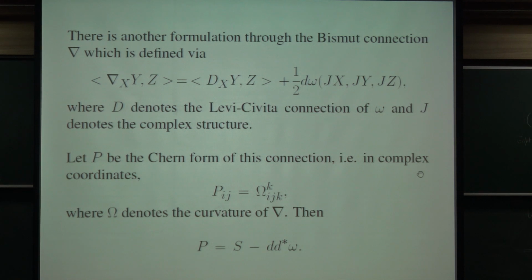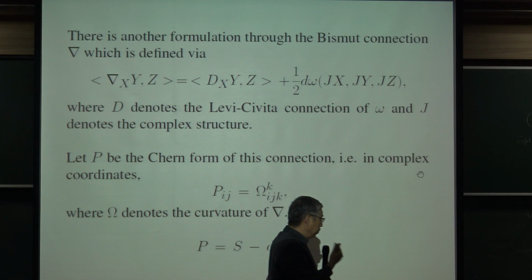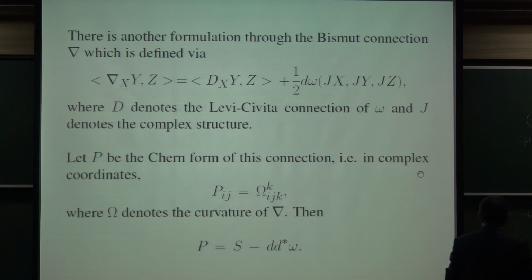Okay, and then there are also some other formulations. For example, there is another formulation through a Bismut connection, which is defined by this. Okay, so in the case of non-Kähler manifolds, because of torsion, there are different ways of defining a connection. There's no particular canonical connection. You choose a connection depending on what property you use.